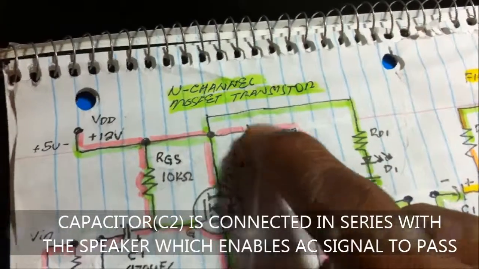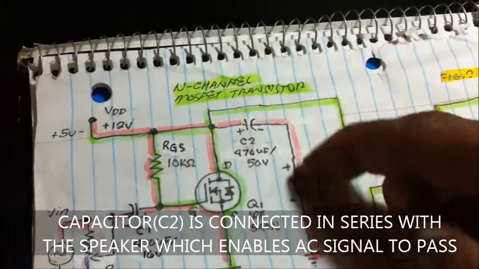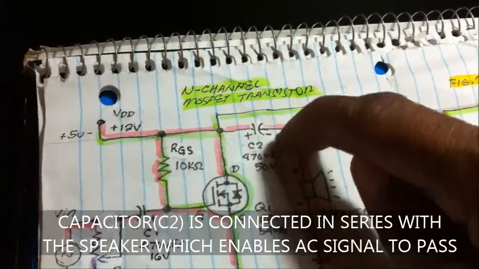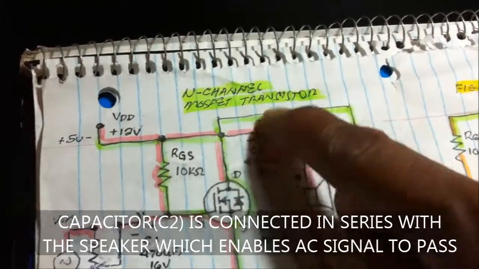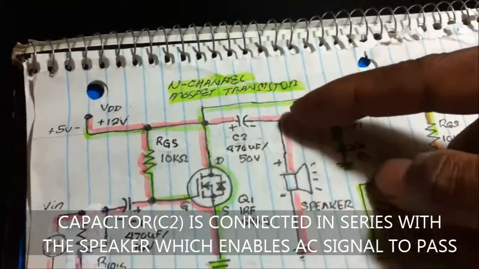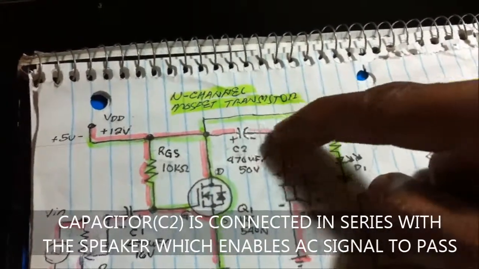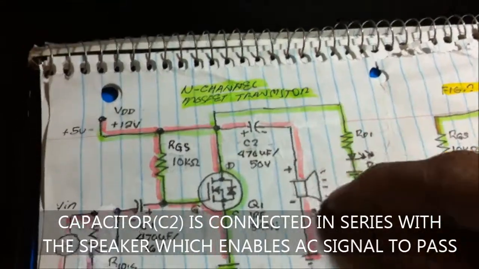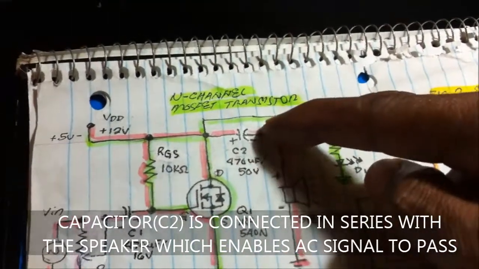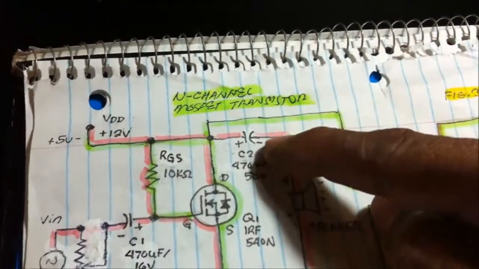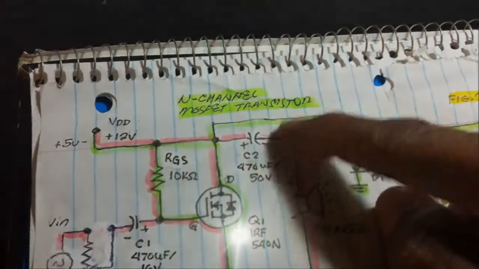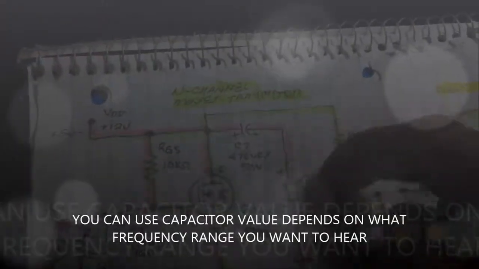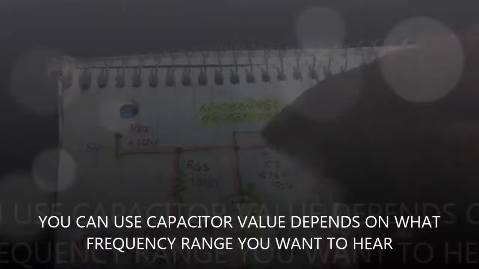I need this capacitor for AC. During the AC analysis, I need this to control the frequency of the speaker. To control the frequency, I need to listen to the voice and music at the same time.